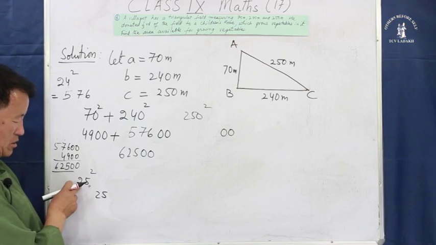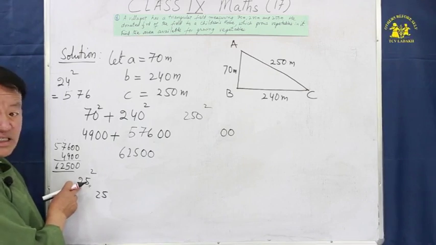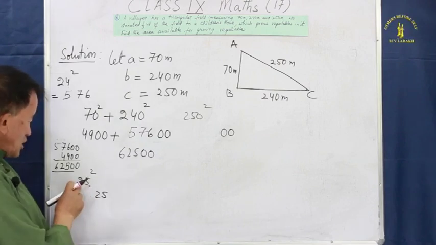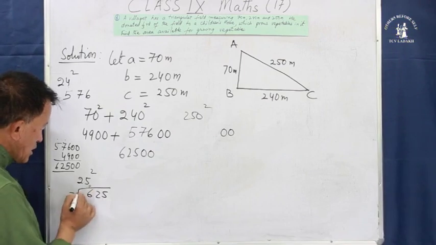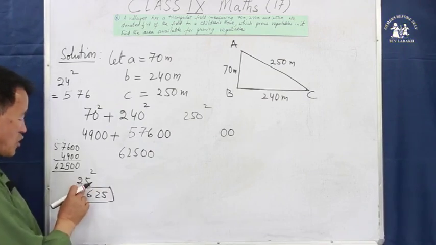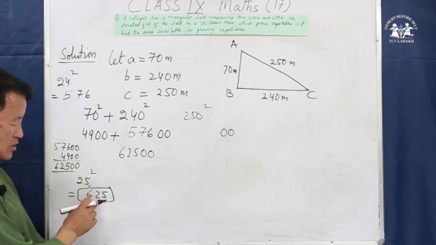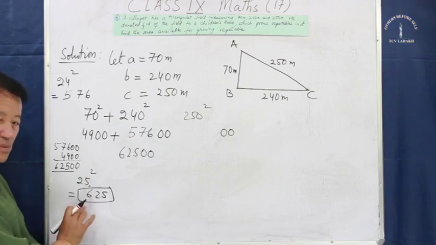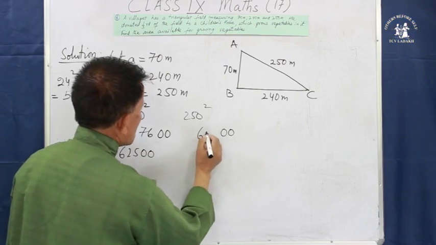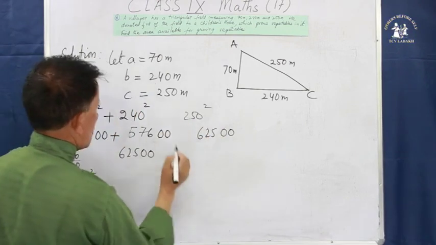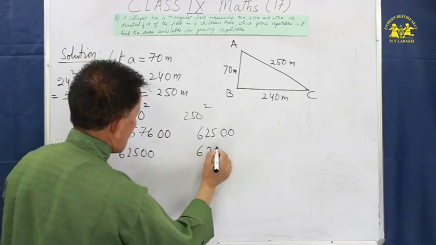And then multiply the digit in the tens place with its successor. The successor of 2 is 3. So 2 3s are 6. So the square of 25 is equal to 625. Now if you directly multiply, you will also get 625.